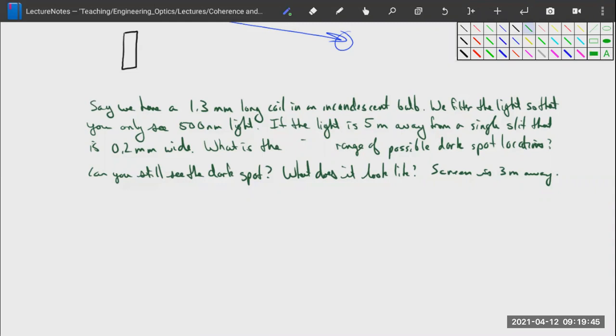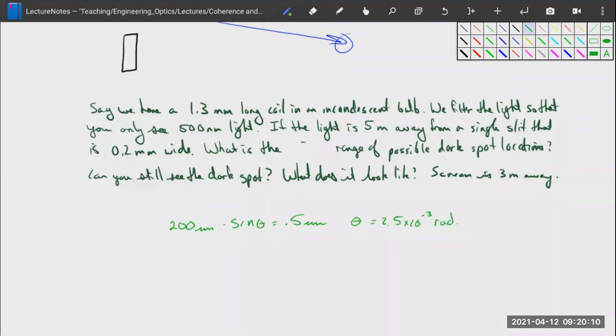So our slit is again 200 microns, so we're going to do it in terms of microns this time. So 200 microns times sine of theta is equal to 0.5 microns, which gives us a theta of 2.5 times 10 to the negative third radians.